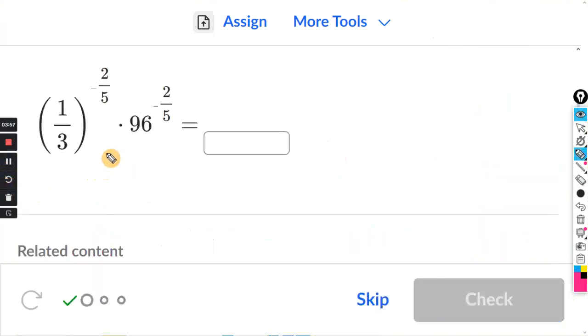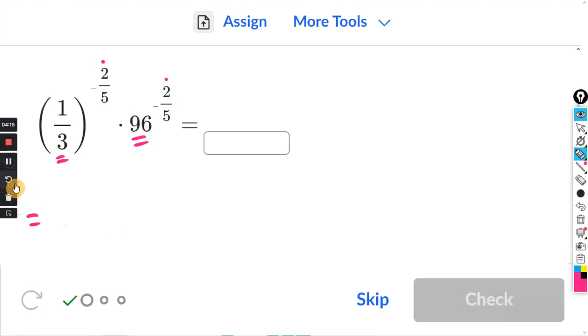Okay, once again, notice the exponents match. 1/3 to the -2/5 times 96 to the -2/5. Since the exponents match, we can combine these two terms through multiplication and have that same exponent. So this is going to be 1/3 times 96.